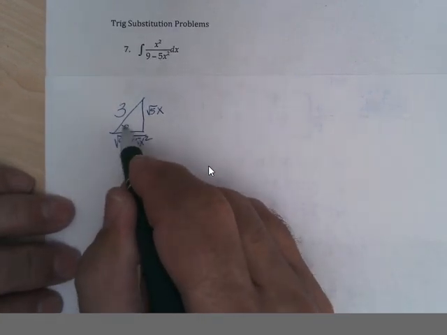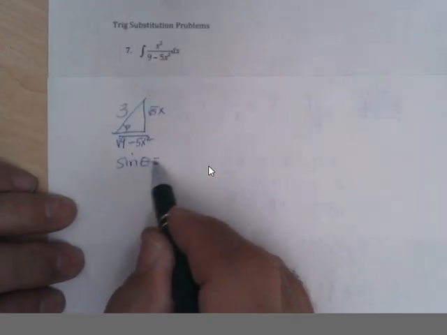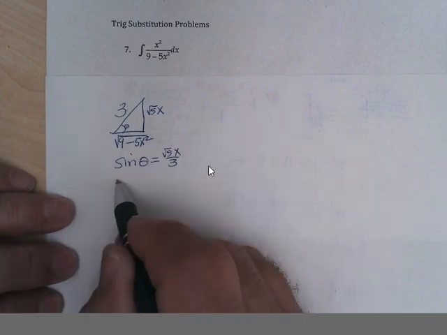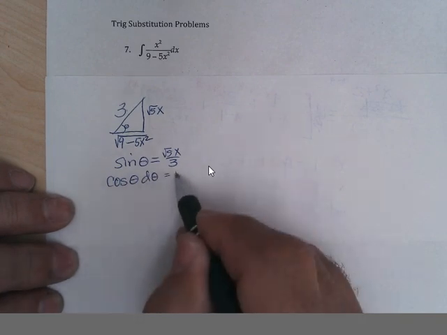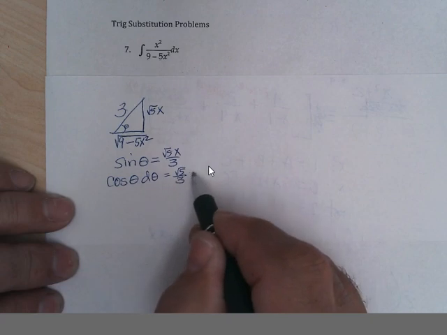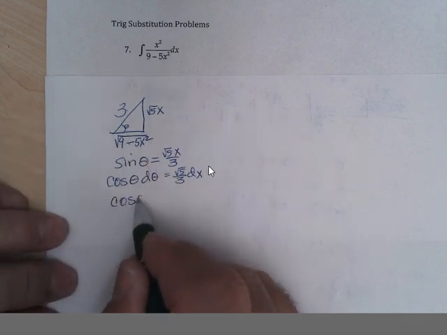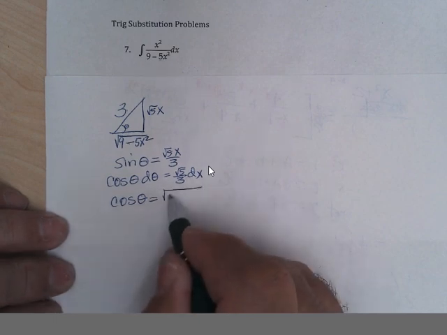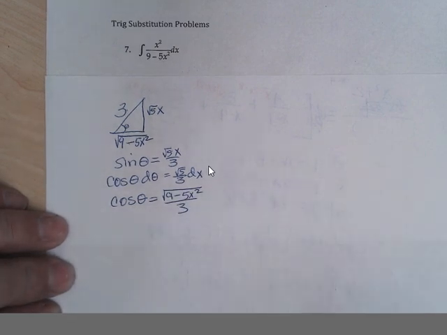And therefore the sine of theta is square root of 5 x over 3, taking the derivative, cosine theta d theta is square root of 5 over 3 dx, and the mess would be cosine theta is the square root of 9 minus 5x squared divided by 3.